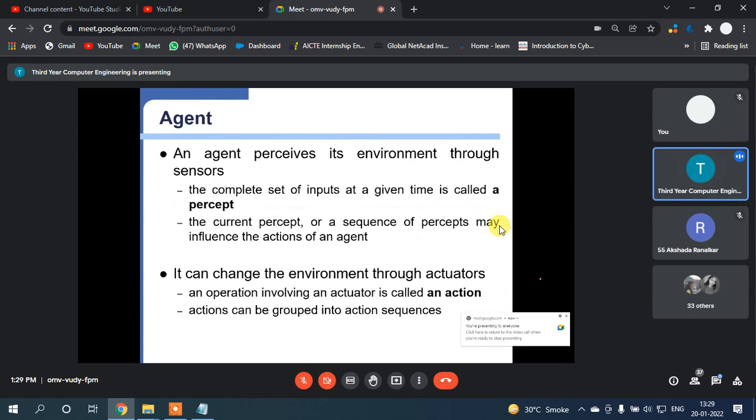The current percept or a sequence of percepts may influence the actions of an agent. Based on the perception, the agent performs the action. After having perceptions, the agent performs the action through actuators.